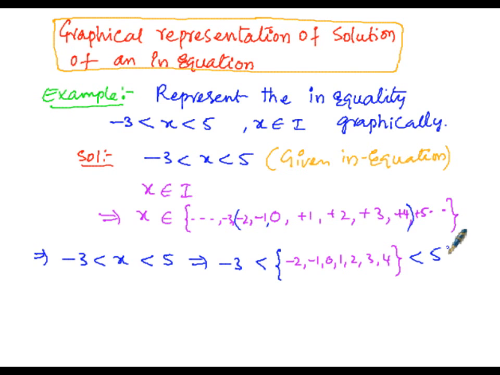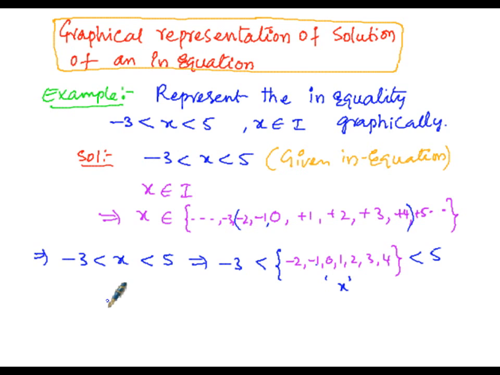Minus 3 is less than minus 2 and this minus 2 is less than 5, holds good, and minus 3 is less than minus 1 and this minus 1 is less than 5, also holds good. Whereas minus 3 is less than positive 1, a negative is always less than a positive, and 1 is less than 5. Similarly, minus 3 is less than 4 and this 4 is less than 5. So, these are the values of x, that is the solution set.